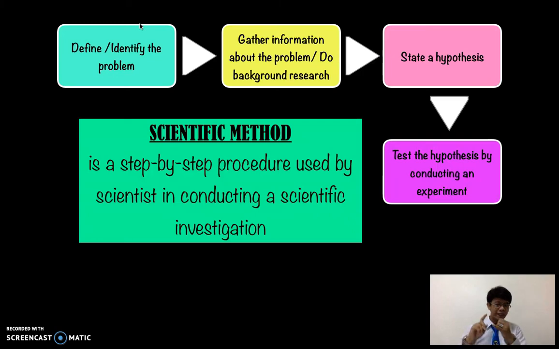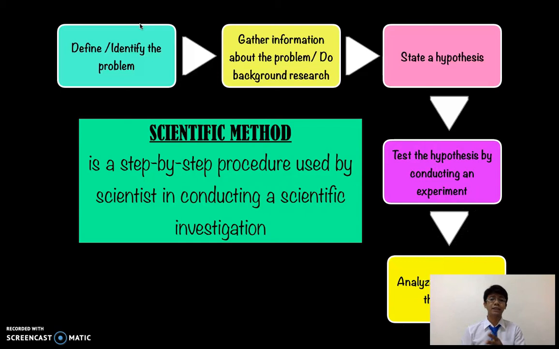So, you identify the problem, you gather information about the problem, you state your hypothesis, then you are going to test your hypothesis. And after conducting an experiment, you will be able to get results. If you already have the results at hand, then you have to analyze and interpret the results. Okay?